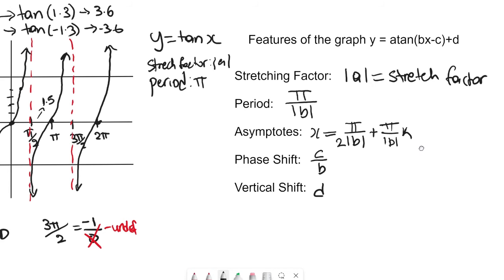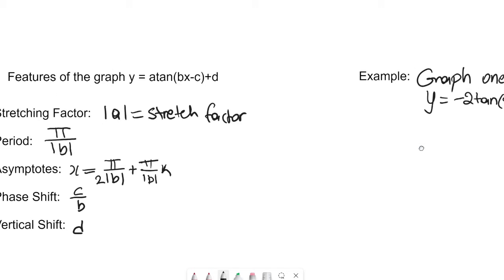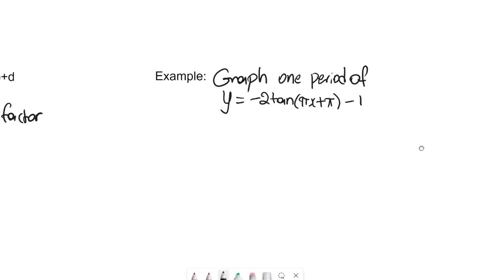Okay, let's look at a quick example of how we can graph a tan function. Let's say we are tasked with graphing y equals -2 tan of pi x plus pi minus 1. Now, as done previously, I always like to identify what all of these things are.